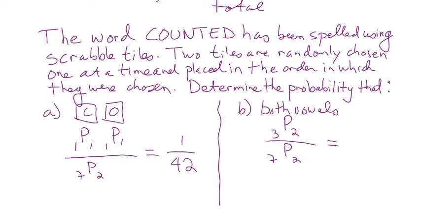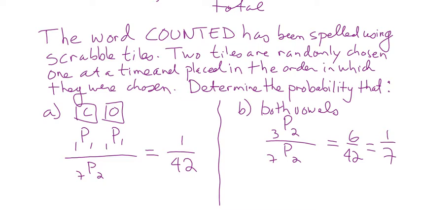3P2 is 6. I was thinking C, not P. So 6 over 42 is 1 over 7.